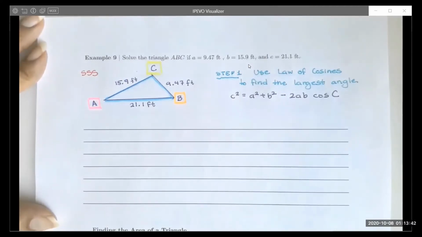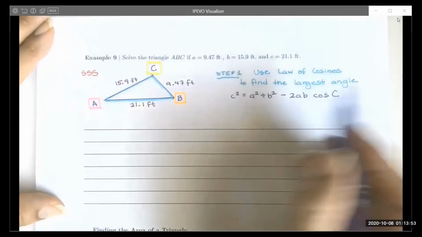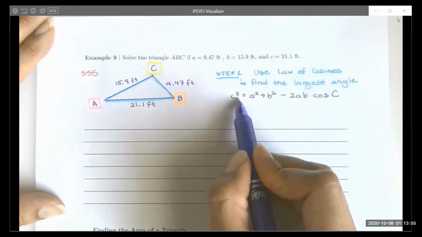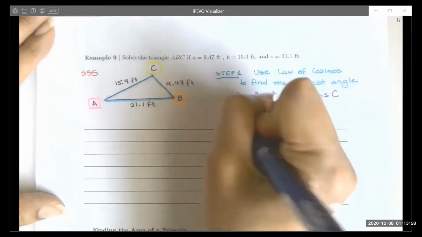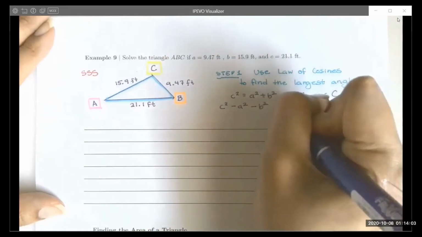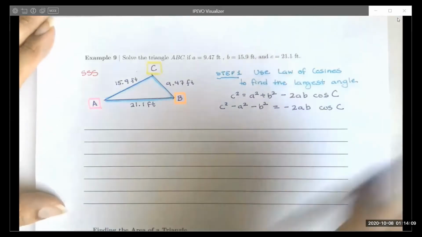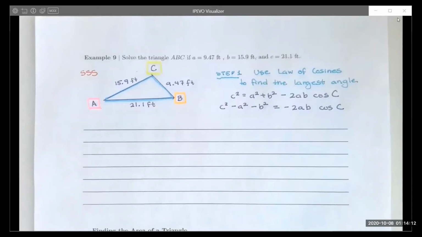And before we plug in any of the values, we can try to solve for angle C as much as possible. So I can subtract A squared from both sides and B squared from both sides of the equation to get C squared minus A squared minus B squared equals negative 2AB times cosine of angle C. Okay.